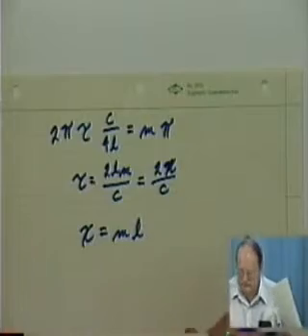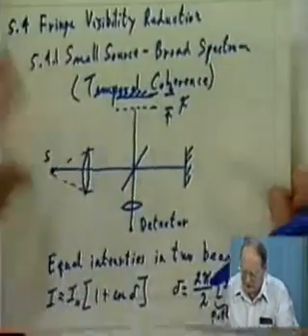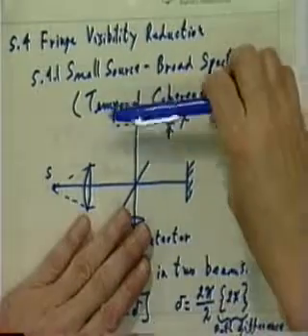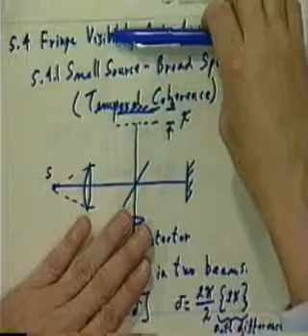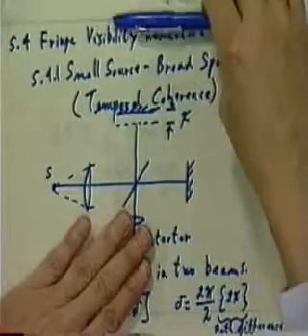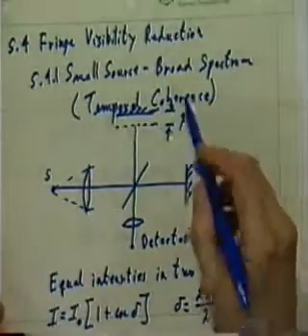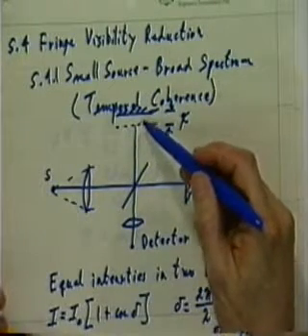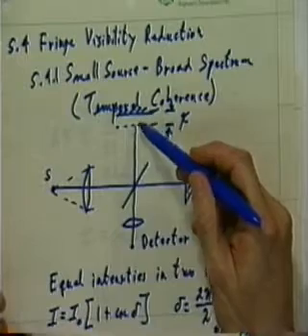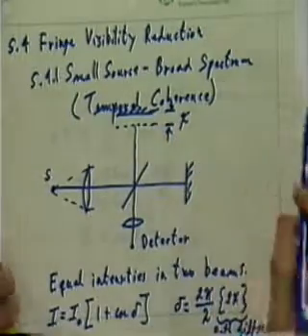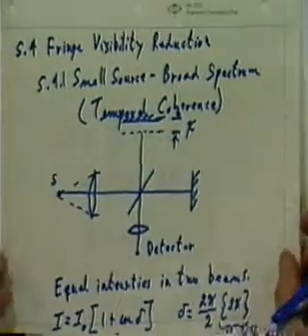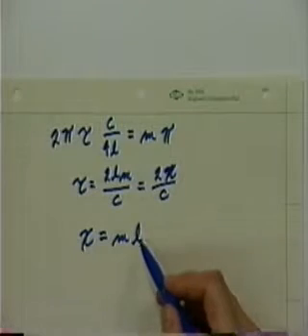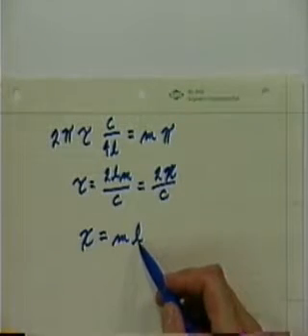So if I go back to my drawing here, we had this interferometer, and let's say we move this mirror back and forth, whenever x, the difference in the length of the two arms, is equal to an integer times the laser cavity length, we'll get best contrast fringes.